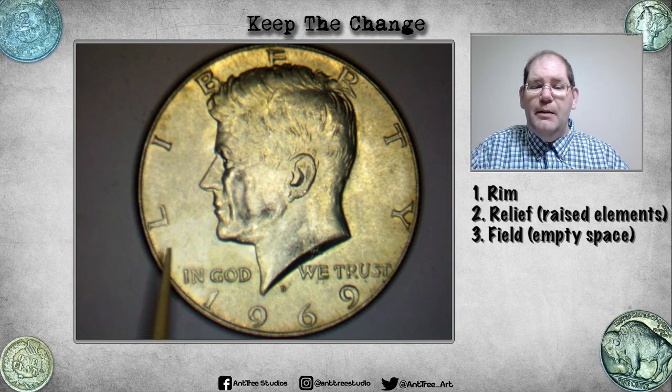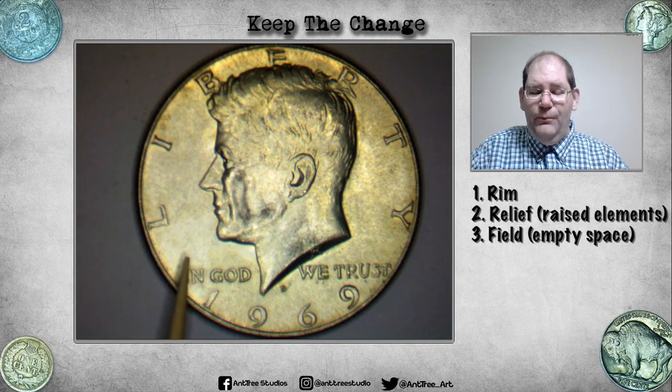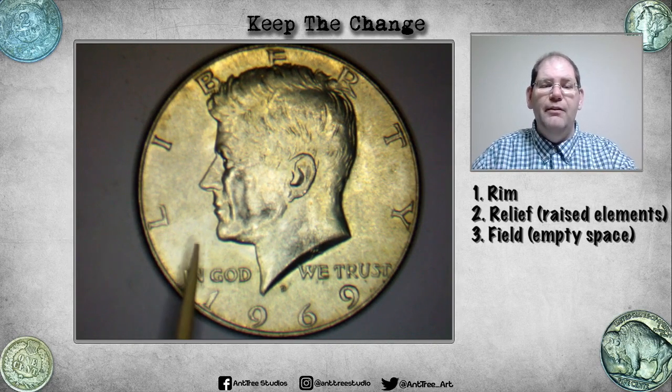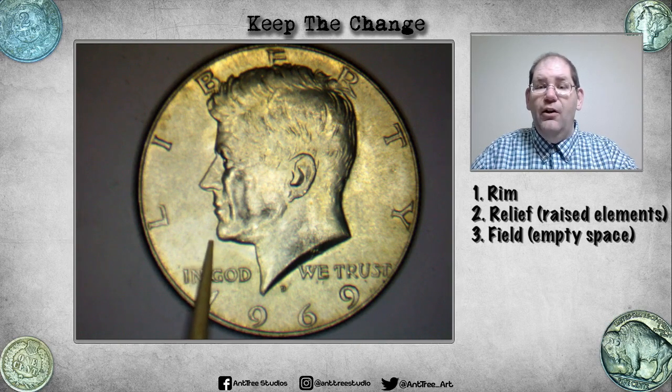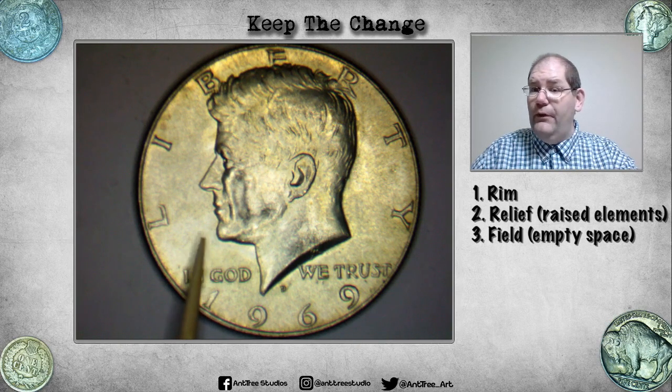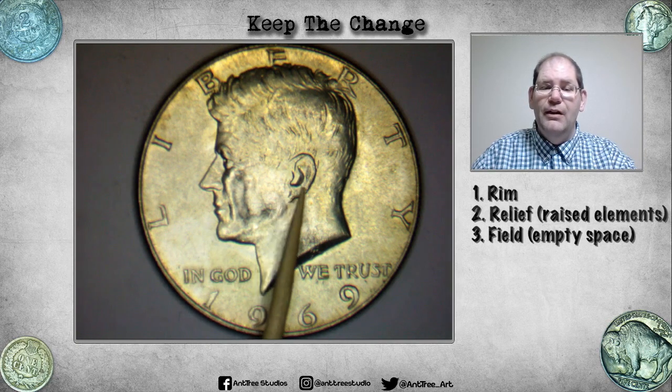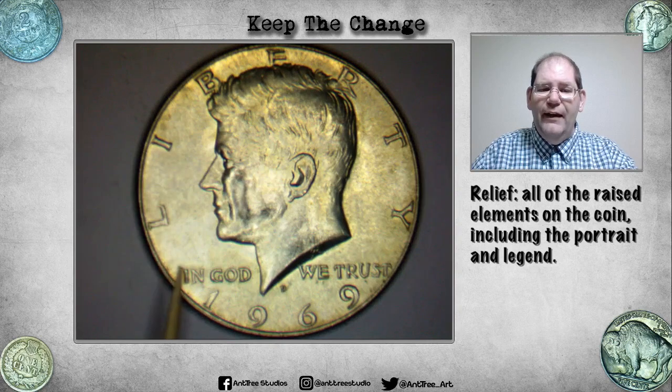The next major elements are what we call the relief. The relief is anything that comes up from the base of the coin. This base is called the field. It's basically where there are no elements, no graphics, no pictures. Everything else is relief. So the portrait, all the lettering, the date, any mint marks, this motto, that's all part of the relief.